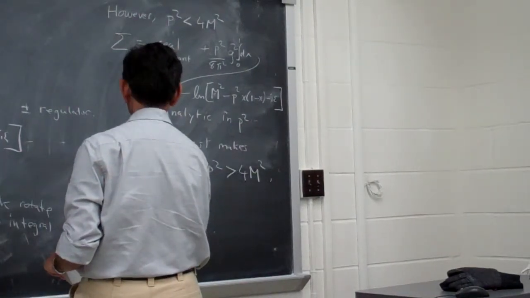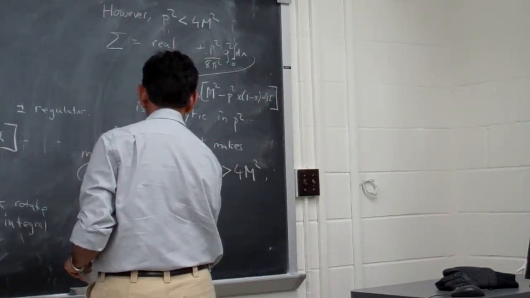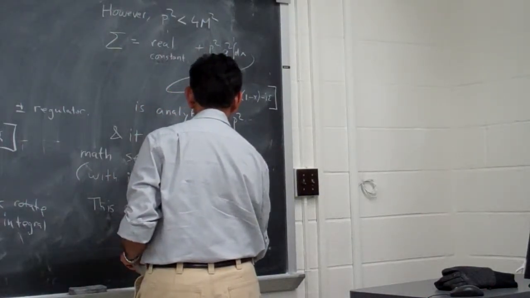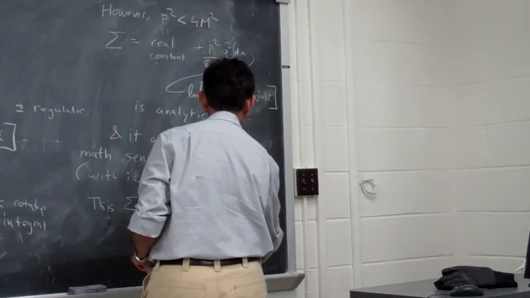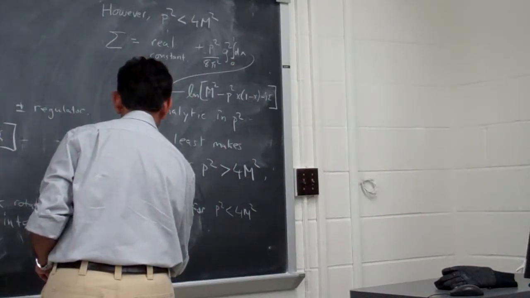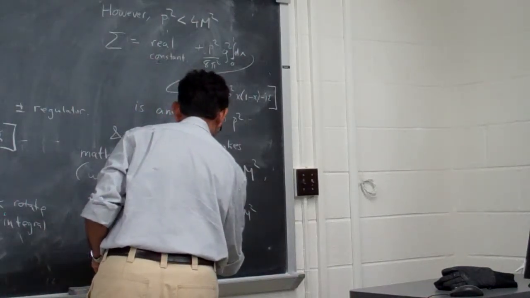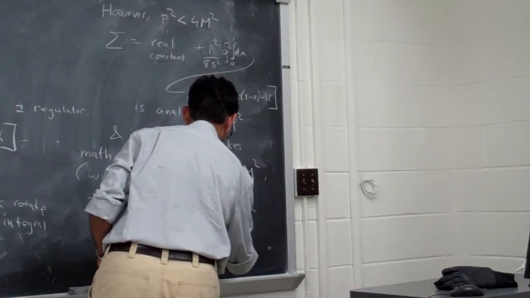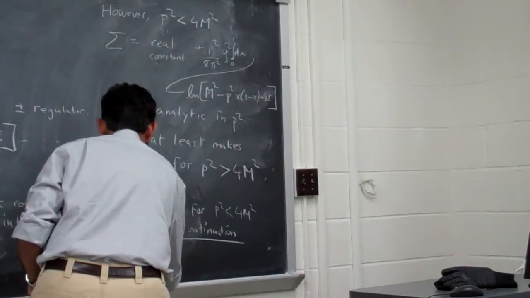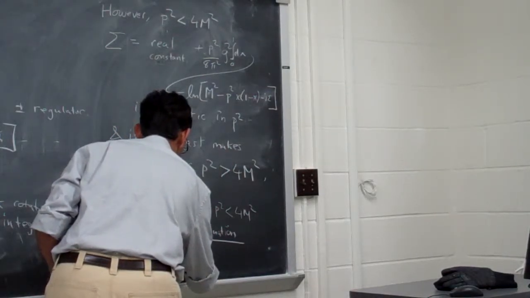First of all, this sigma derived for p squared less than 4m squared is an analytic continuation when applied to p squared.